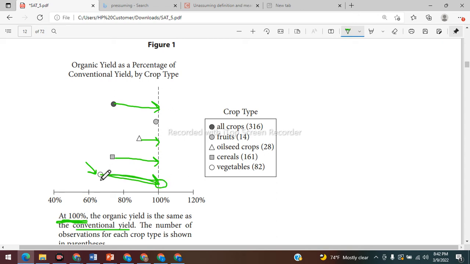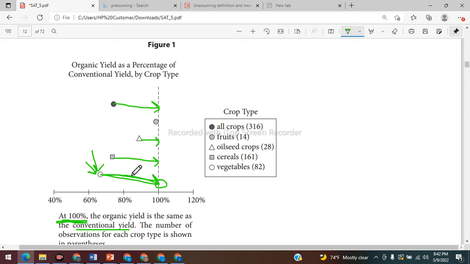This circle is far away, which indicates that we don't get the same amount of vegetables when we plant it organically as compared to when we plant it conventionally. In other words, they're saying that it's far less vegetables when you do it organically as compared to when you do it conventionally. You understand? I think I get it.